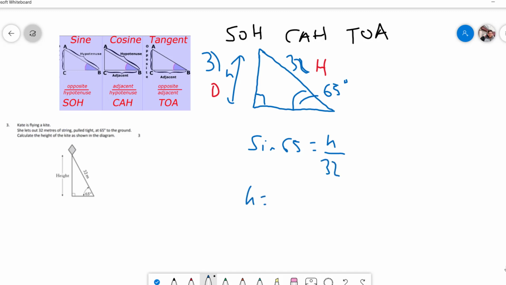A simple rearranging, h is equal to sine 65 multiplied by 32, and stick that in a calculator, and to the nearest whole number, 29 meters. So the height that we're looking for is 29 meters.